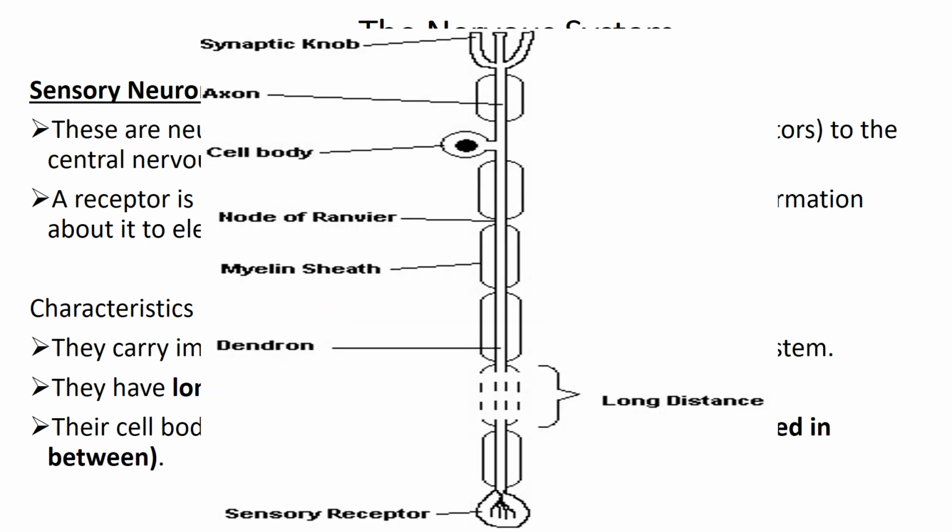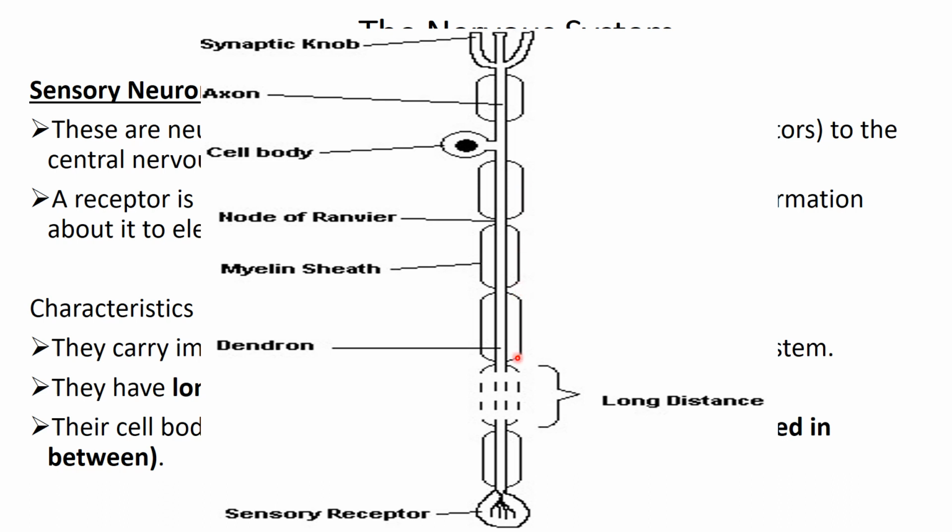So here is an example of a sensory neuron. As you can see, the cell body is in between, not at the end. Then we have the synaptic knob here, which is like a fork that connects or links with other sensory neurons. Then we have the node of Ranvier and the myelin sheath that helps impulses travel faster.